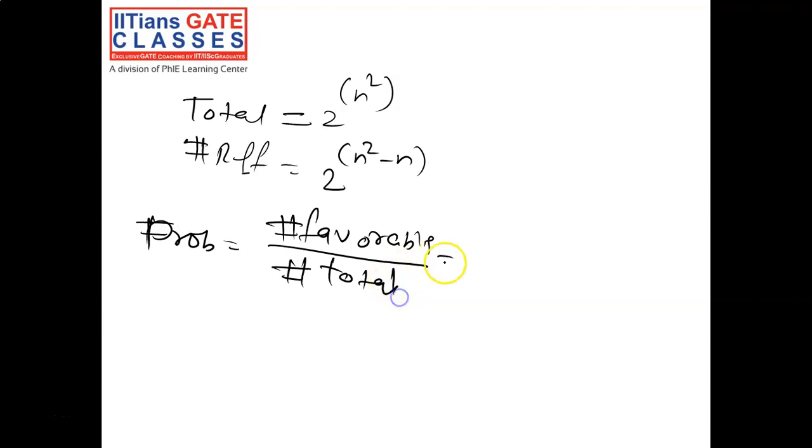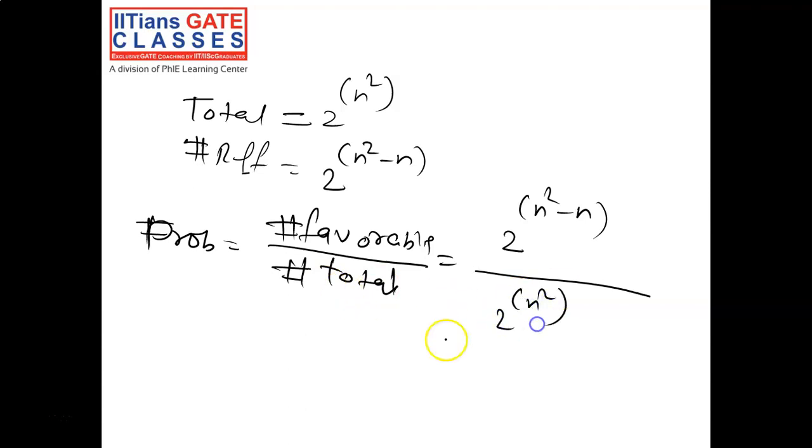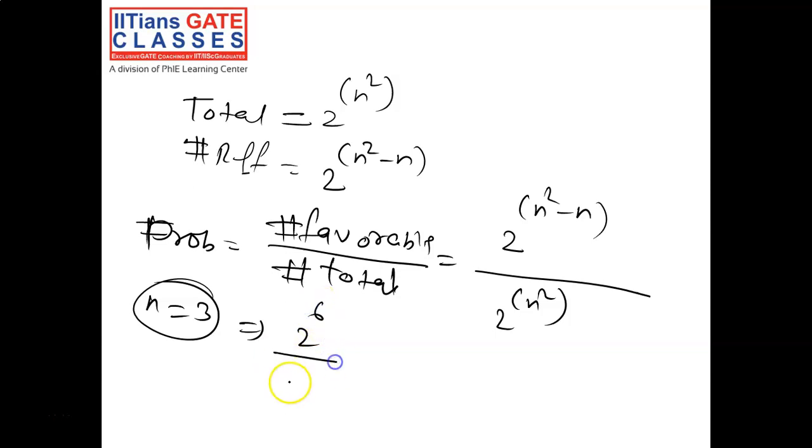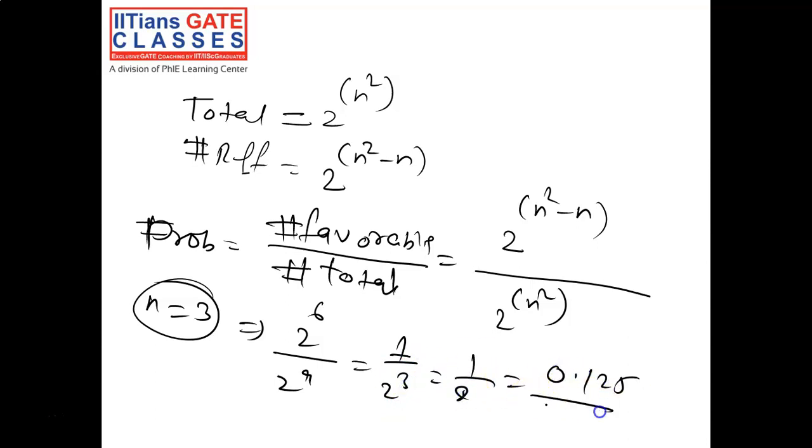Since we are interested in reflexive relations, the number of favorable cases is 2 power (n square minus n). The total number of relations is 2 power n square. The question gives n equal to 3, so we put n equal to 3 and get 2 power 6 divided by 2 power 9, which is 1 divided by 2 power 3, that is 1 divided by 8, which is 0.125.